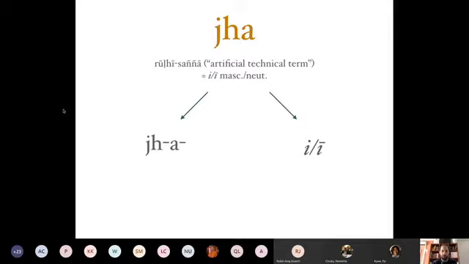So when the word ja is used in the grammar, it could refer to two things. It could refer to its own form, ja, that is its own sound, or it could refer to its object, to its referent. So in this case, unlike the case of the cow, it does not refer to itself, it refers to some reality. In this case, the reality has already been described, and it's the e endings.